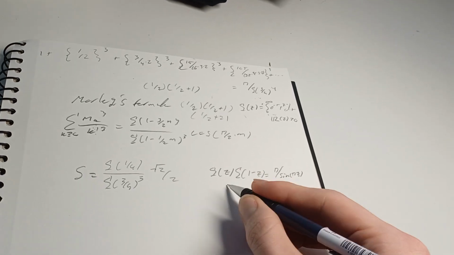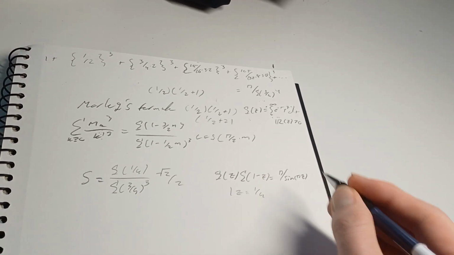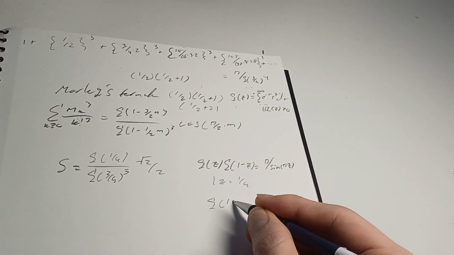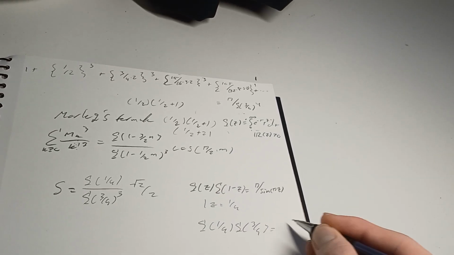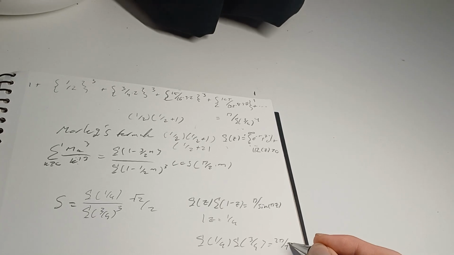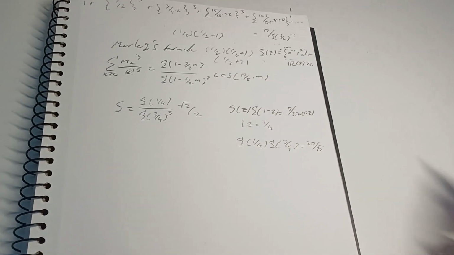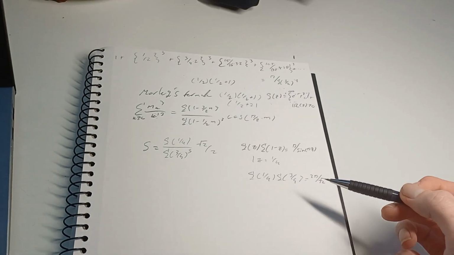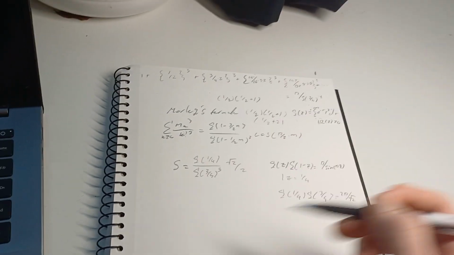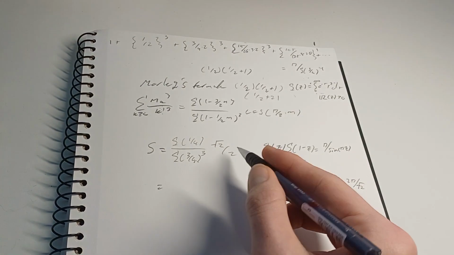Because if we replace z by 1/4, we'll get gamma of 1/4 times gamma of 3/4 equals 2 pi over square root of 2.